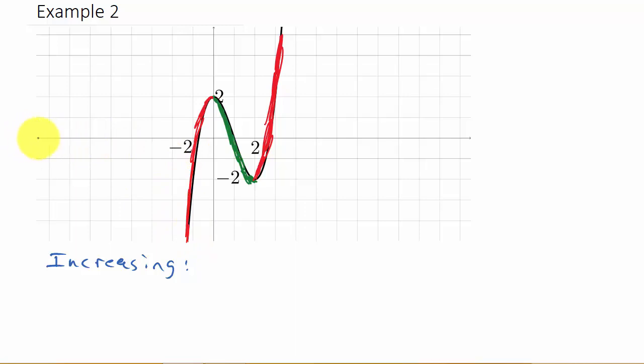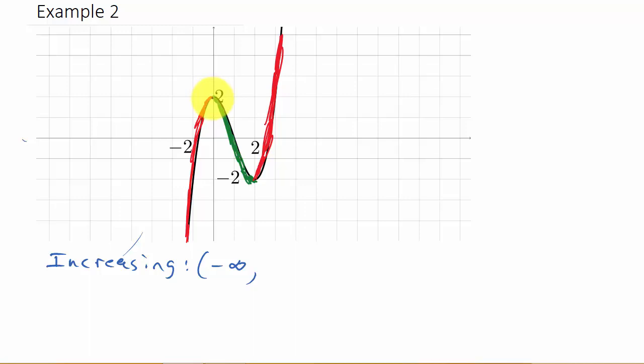If we're out here at negative infinity on the x-axis, we're way down here at negative infinity on the y-axis. It's coming up like this, increasing, increasing, increasing, and then it stops. It increases until it gets to right here, and that's where it stops increasing.